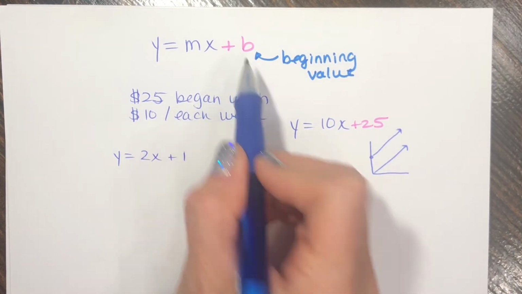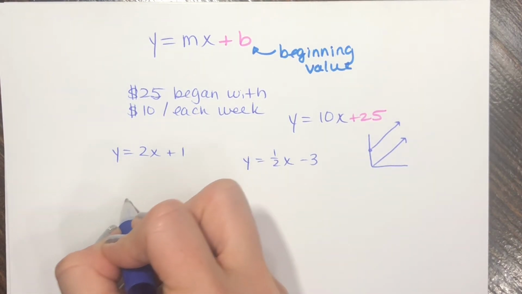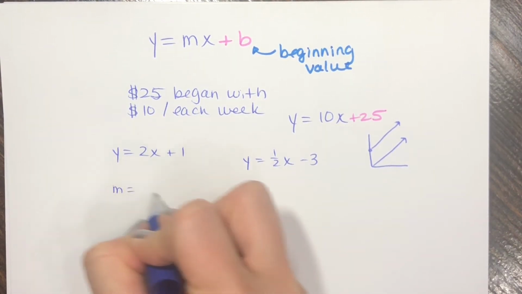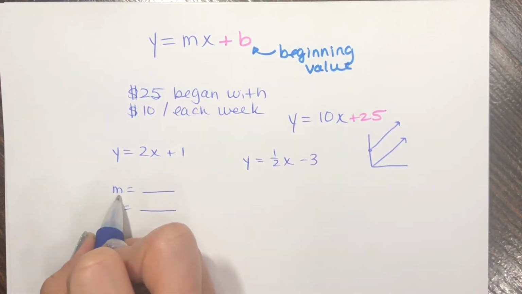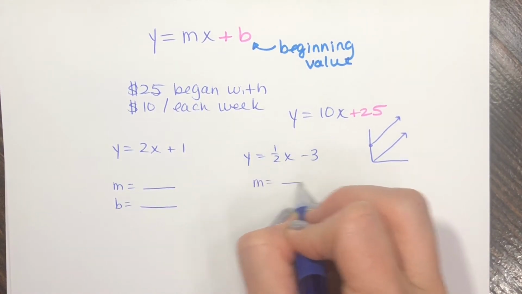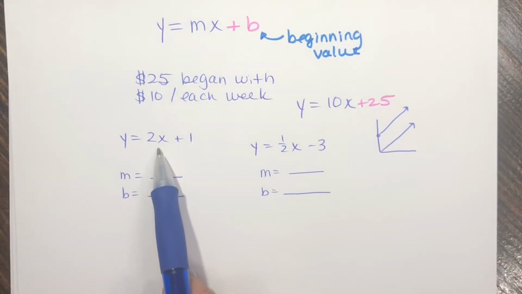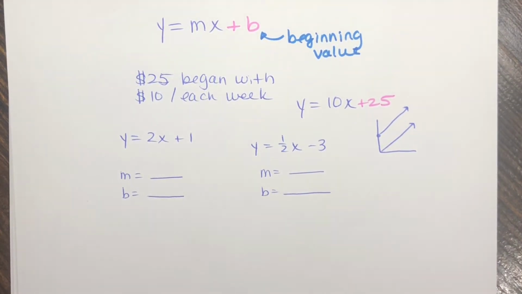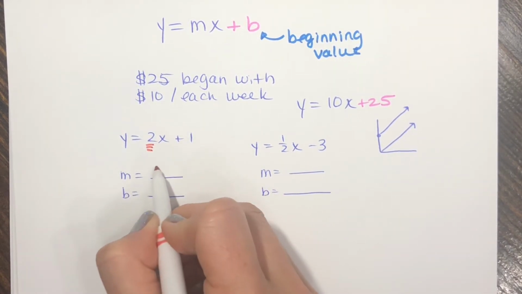And so I want to take a closer look at this formula right here, my y equals mx plus b, and what I'm about to show you might be seriously one of the easiest things we do. If I were to give you an equation and say, could you use this equation and identify the slope and the beginning value for me, please? If I were to say, what's the slope of this line? What's the beginning value of this line? You would look at this and say, well, the slope I've been learning about for weeks is the number in front of my x.